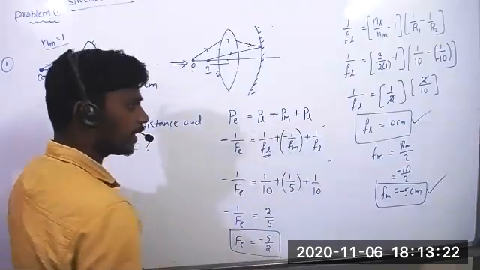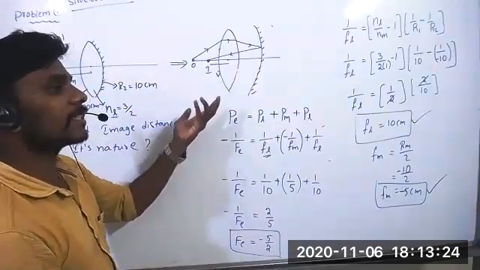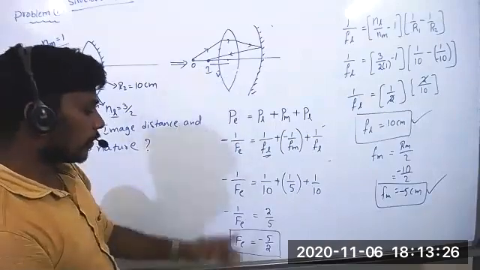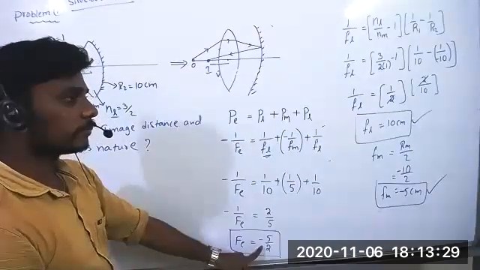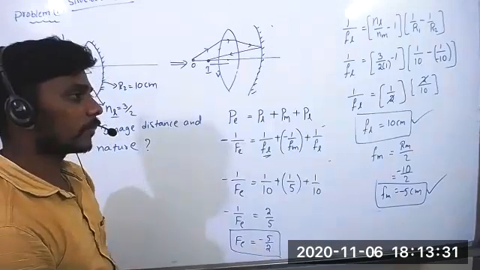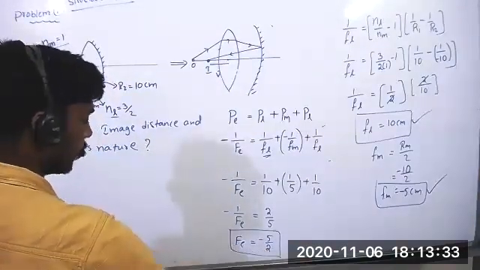So you got the focal length as minus. Why did you get the focal length minus? Because the total system is acting like a mirror. So the concave mirror focal length is negative only, no? Yes, sir. So you found FE.